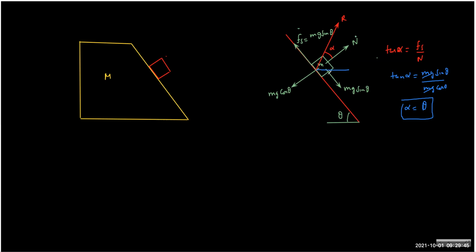So this is theta, this is 90 minus theta, so this is again theta. Therefore, it is only possible when it is vertical.